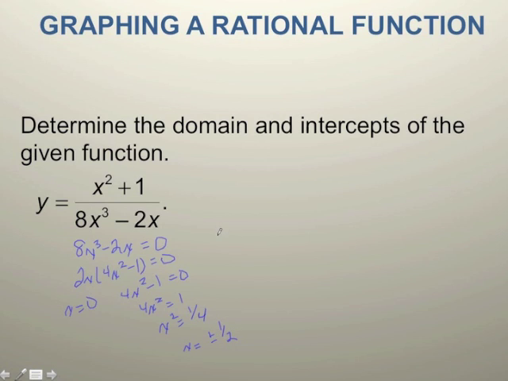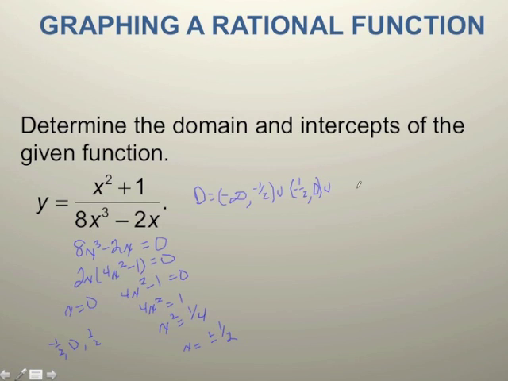With those gaps, thinking about putting those in order, I'd have a negative 1/2, I'd have a 0, I'd have a 1/2. So the domain is from negative infinity to negative 1/2, and then we'll have a gap. Then we'll go from negative 1/2 to 0.